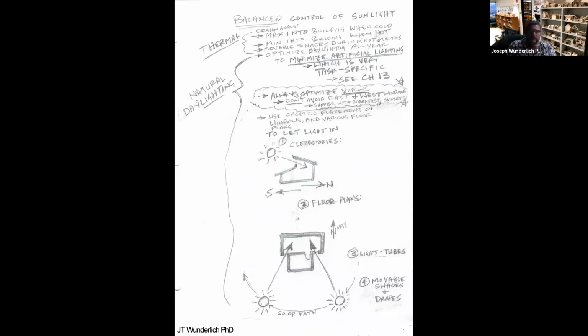So now I think this is where we want to stop here, but also finish here. So I'll start the next time, but the balance of thermal and natural daylight. So we're going to have whole chapters on lighting coming up, and we've already talked a lot about thermal things. And so you want to balance the control of sunlight with the daylighting. And sometimes they're at odds with each other. Sometimes you want that sunlight in to light things up, but you're heating up the people too much, right?